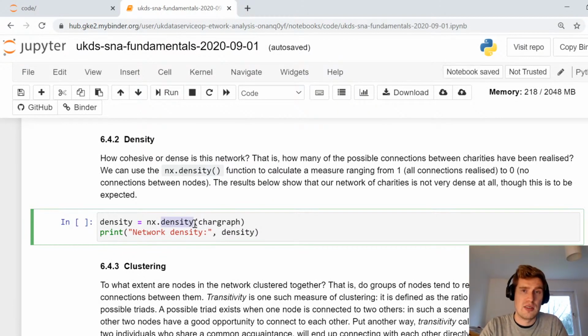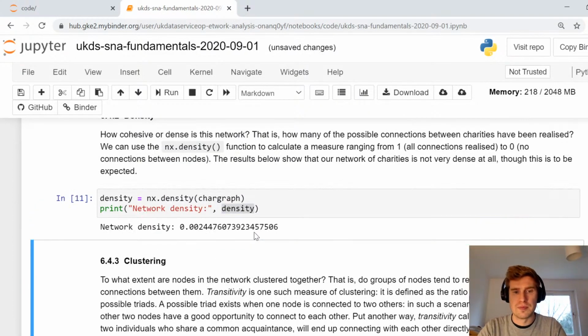So we use the density method. I just take that result and put it in a new variable called density, so I can call it later on. I want Python to print a message back to my screen saying, network density: and then whatever is captured by the variable density.